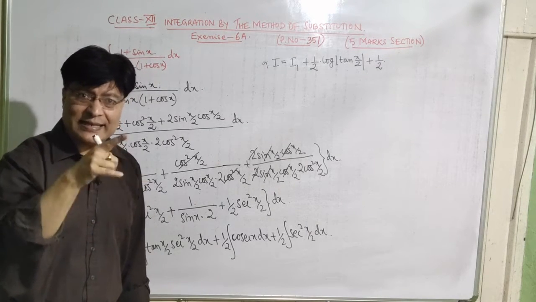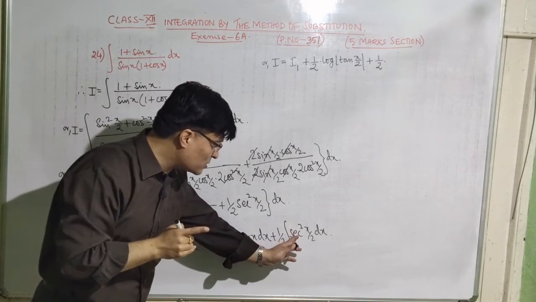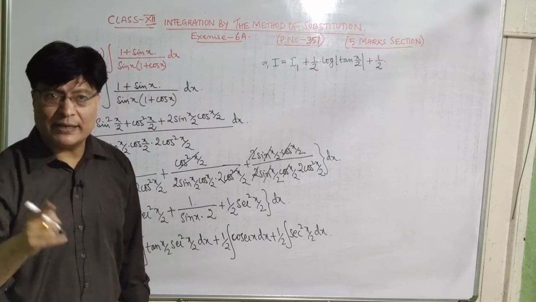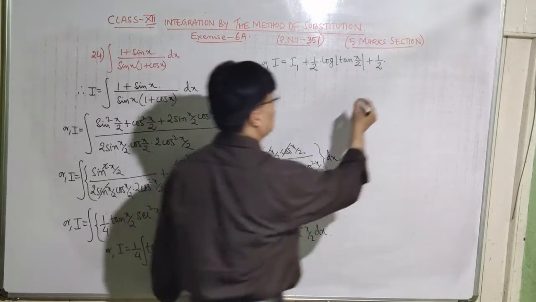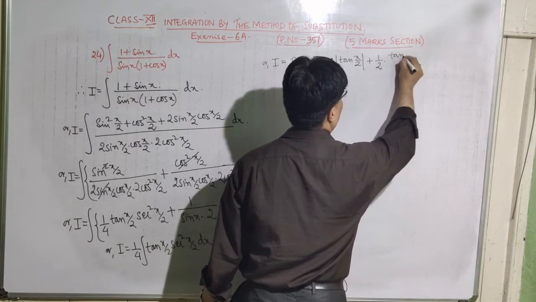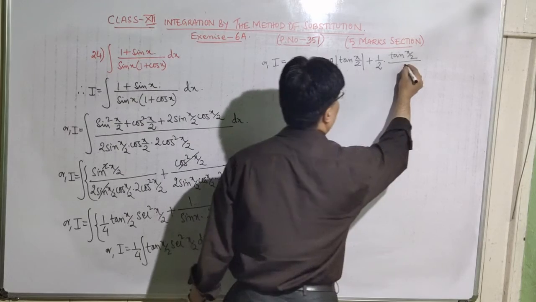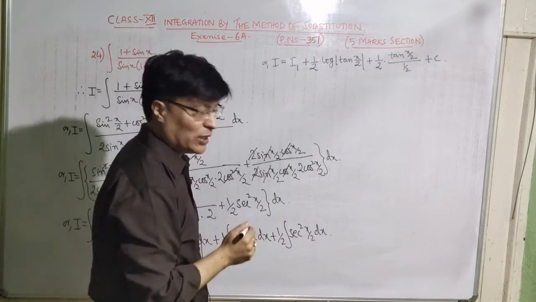That is tan mx by m. Or differentiation of which function is sec square mx? It will be tan mx divided by m. Here what is m? It is half. So tan mx here is tan x by 2 divided by, here m is half, divided by half. Then you can write plus c.